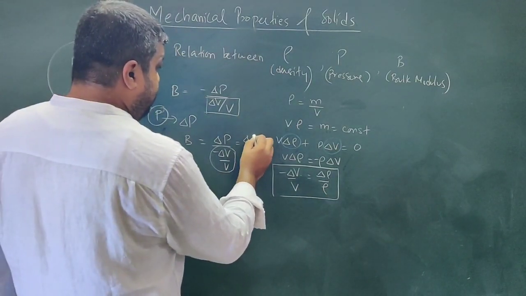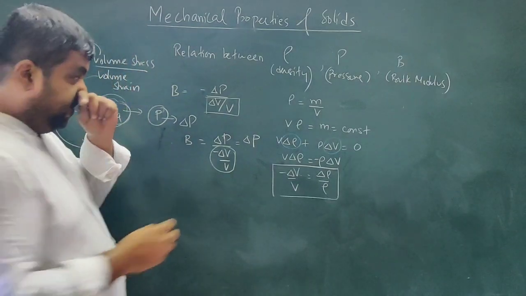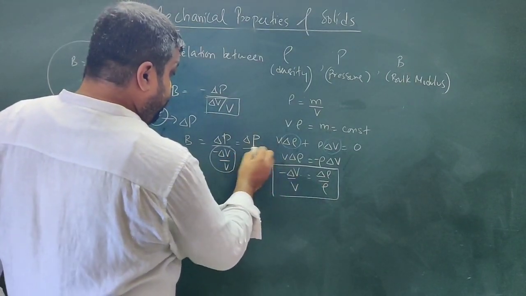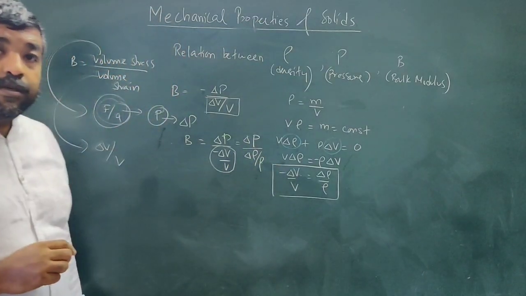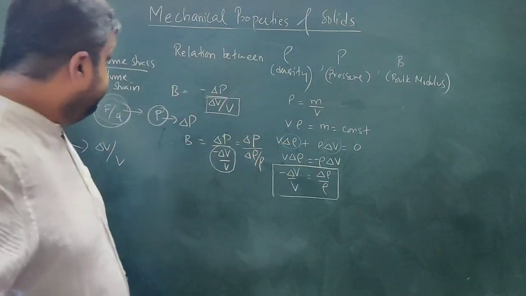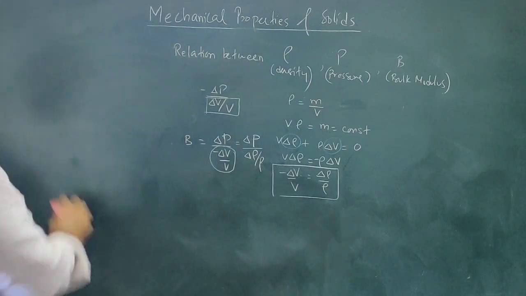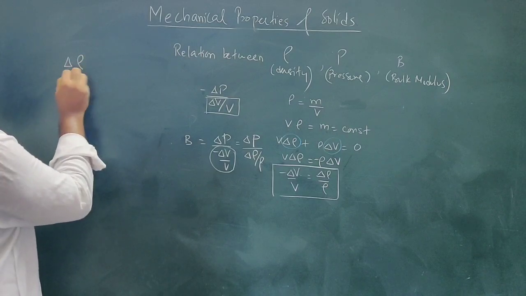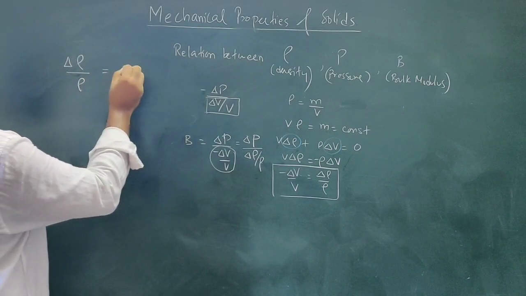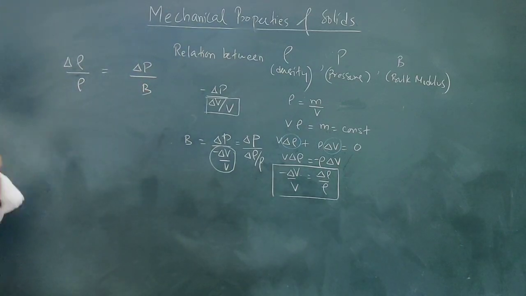So this is equal to delta P, this is pressure, you need to be careful, this is P, this is rho, divided by delta rho by rho. So this becomes delta rho by rho equal to delta P by B.